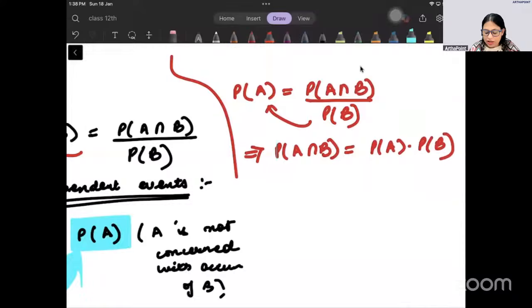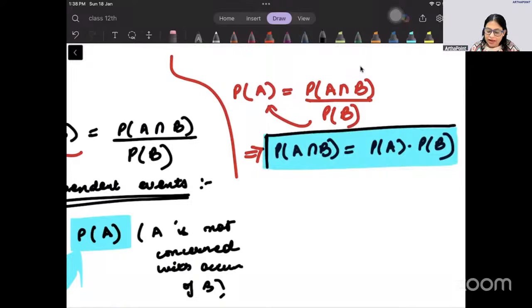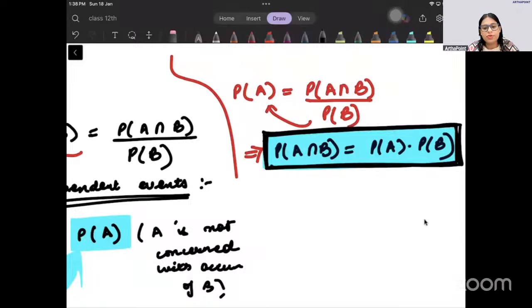So this is another formula of independent events, that when two events are independent, अगर दो events independent हैं, then probability of A intersection B will be probability of A into probability of B. ठीक है? So please remember that mutually exclusive and independent are two different things. दोनों का मतलब अलग है.